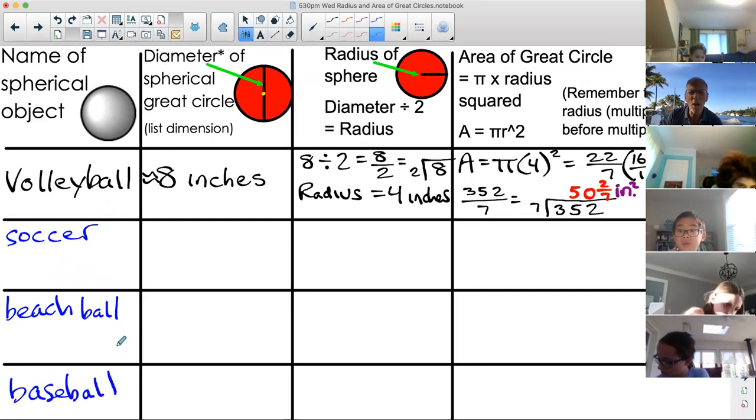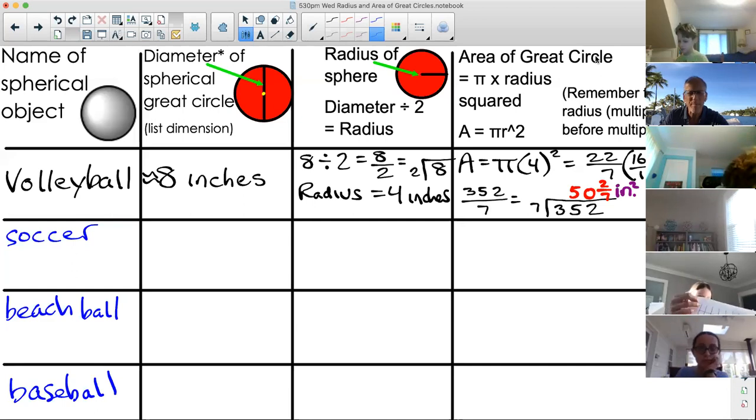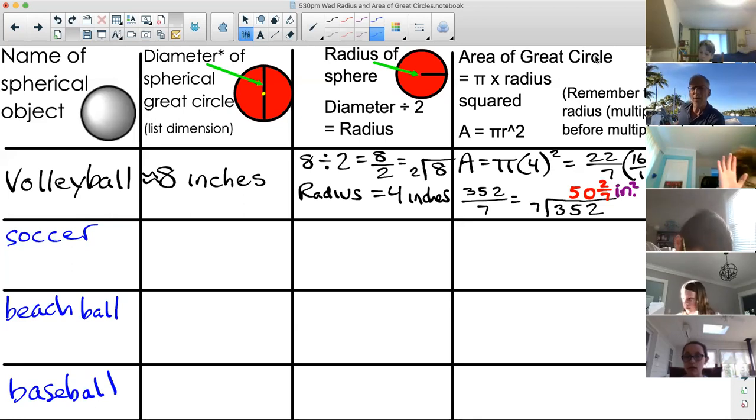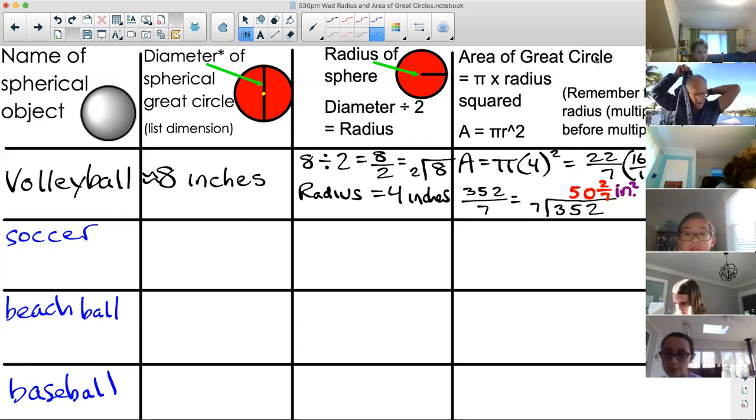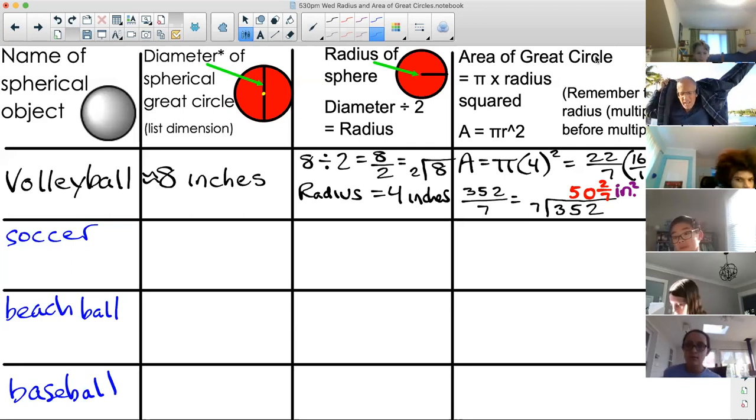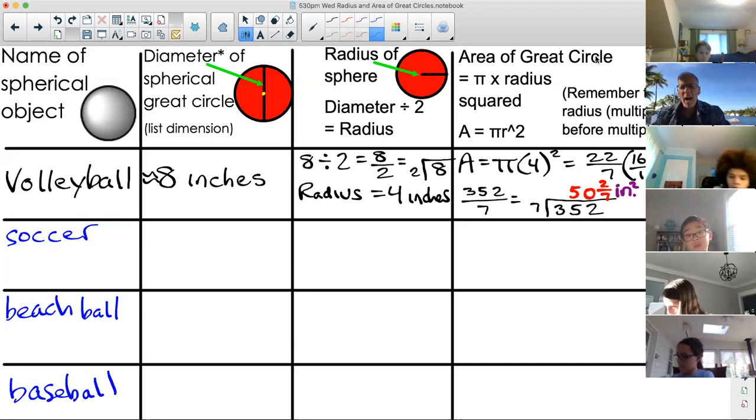Now, I don't remember exactly what the diameter of the beach ball was, Claire. I'll check in the other packet from last week. Dahlia, do you know? It's not on this one. I thought it might have been 2 feet.